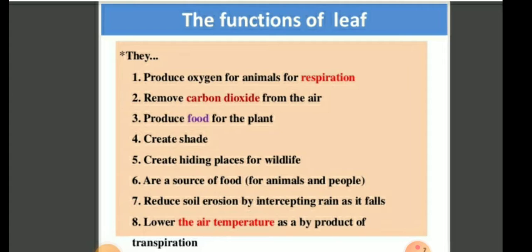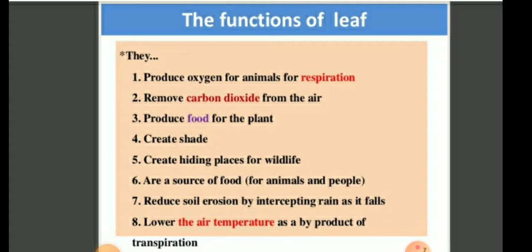Leaves also produce food for the plants by the process of photosynthesis and create shade. They create hiding places for wildlife also. They are also a source of food for people and animals.